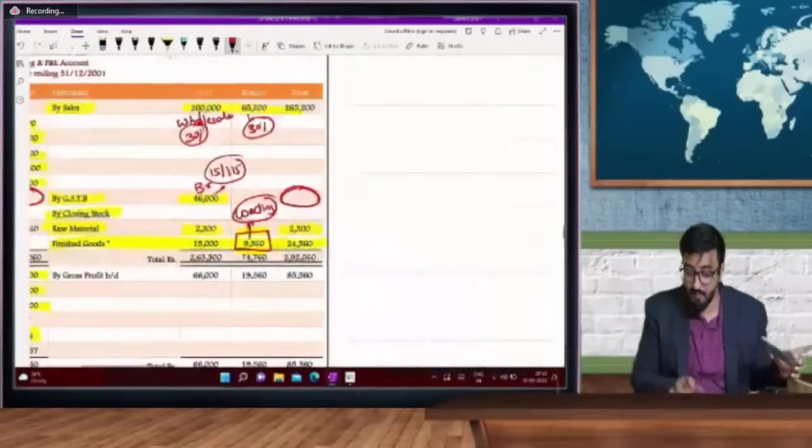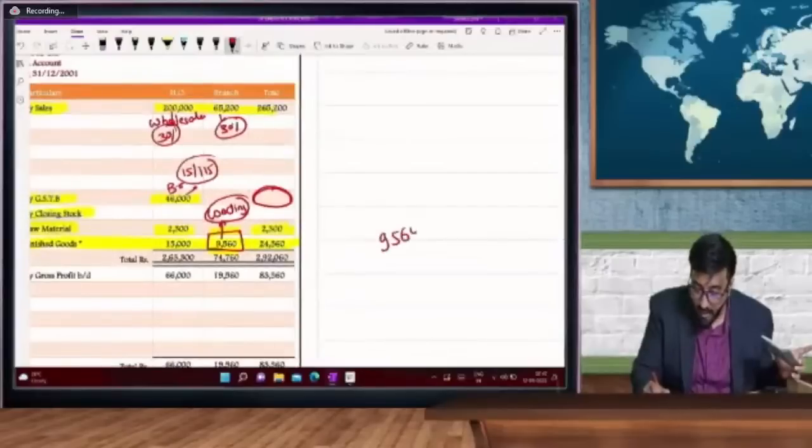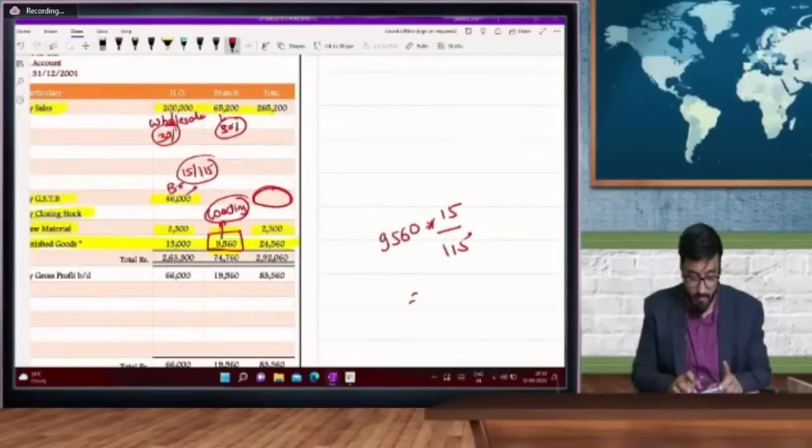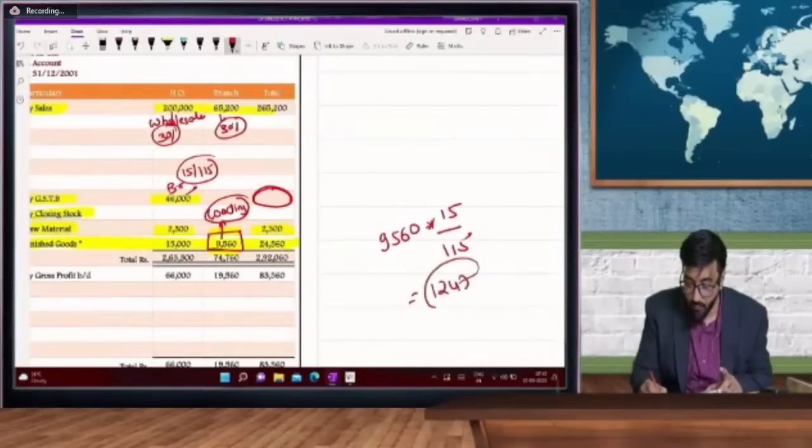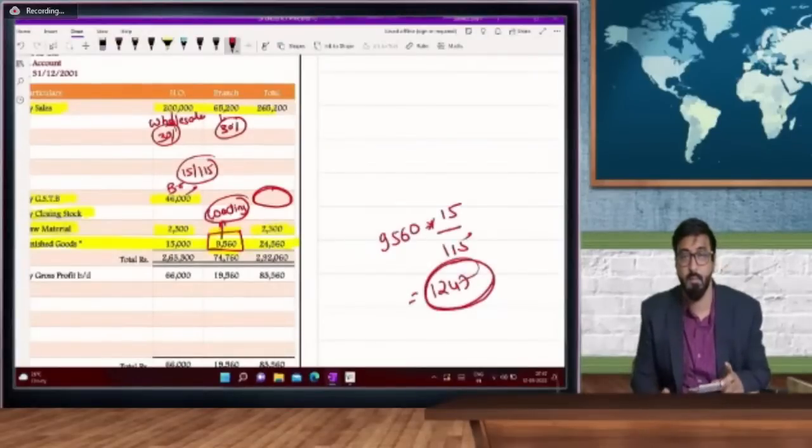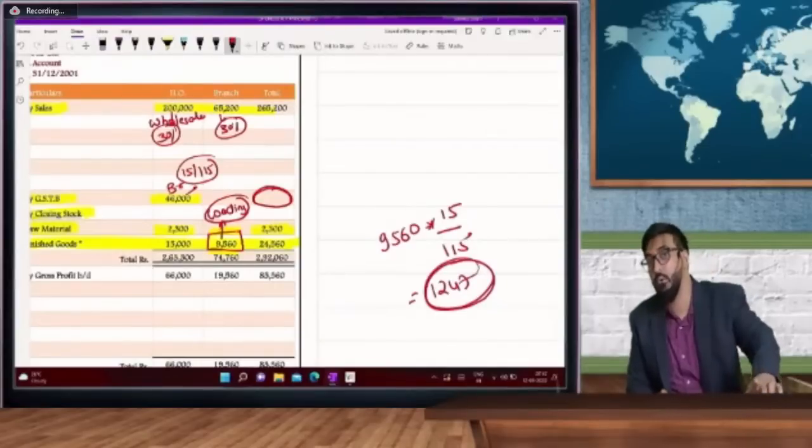And this 9560 loading, how much loading beta? 15 upon 115. 1247. And it is very, very important that we will write loading on this.